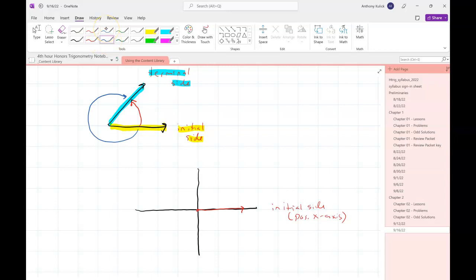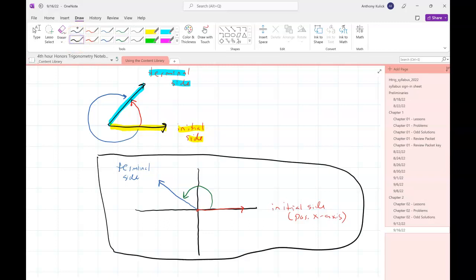And then we can imagine our terminal side starting at the initial side and rotating to give us a new angle, right? Everybody's cool with that? This setup is called a standard position angle.